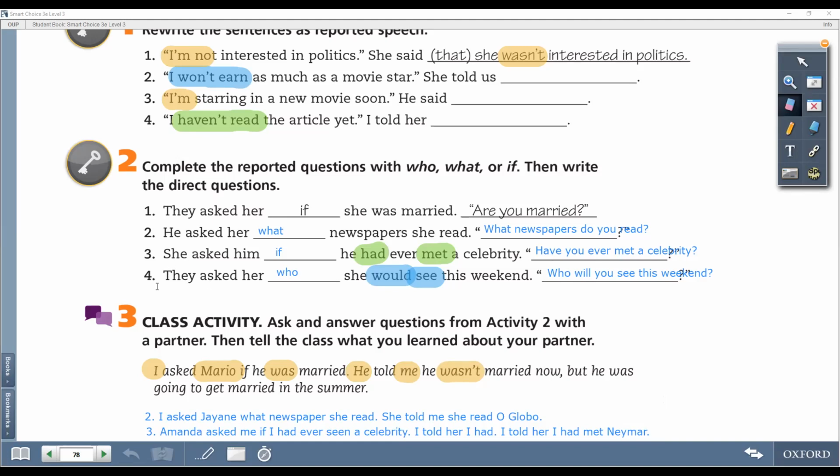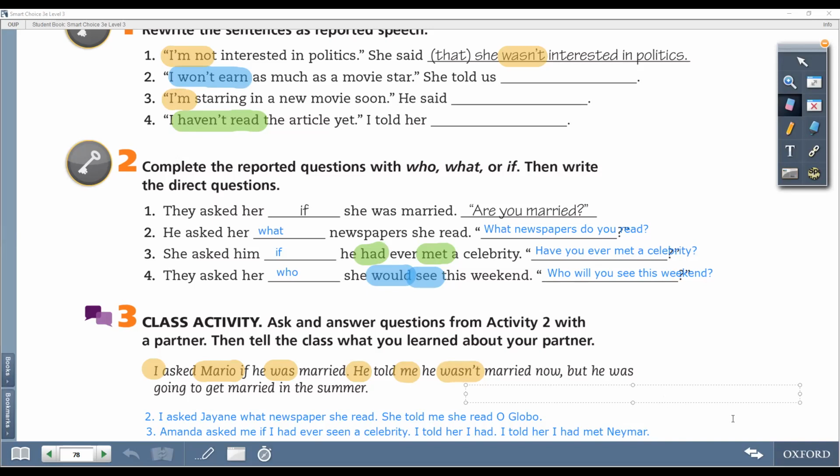Okay. All right. So number 4, sorry. Who will you see this weekend? Who will you see this weekend? So imagine you want to know who I will see this weekend. Or you want to know about maybe Sarinha. Who will Sarinha see this weekend?